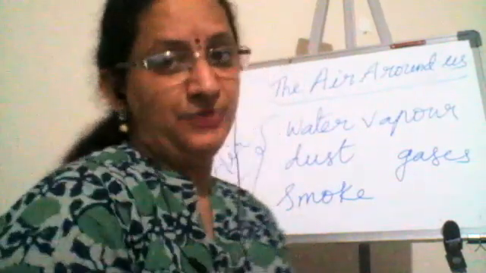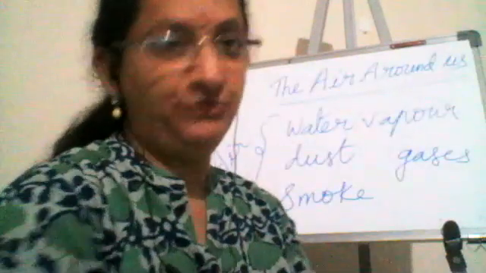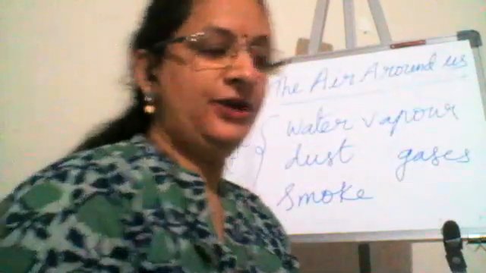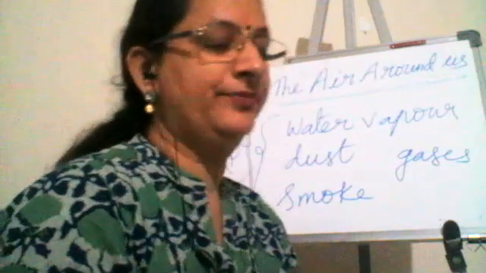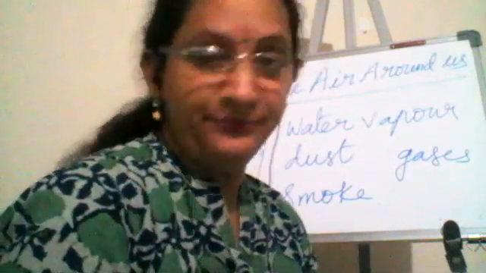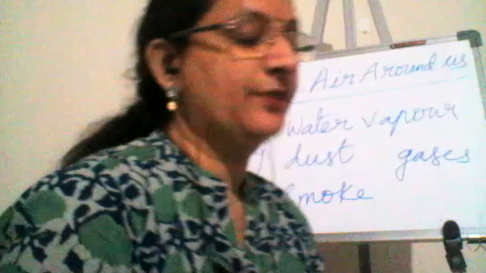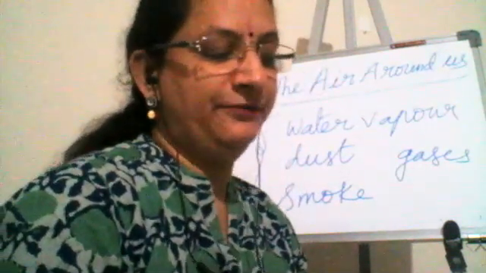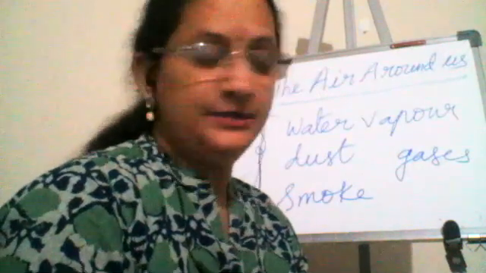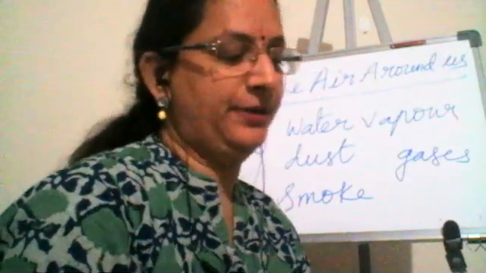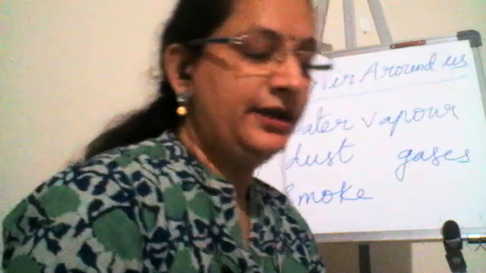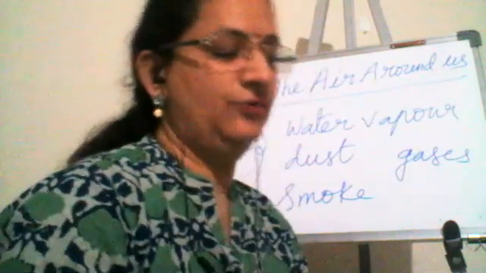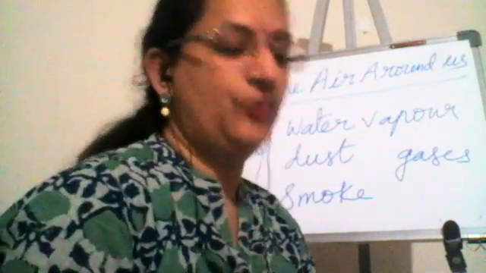Now from page 101, let us read the important points. You have to follow your teacher and repeat after me. We all need air to live. Air contains water vapor. Heat changes water into water vapor.